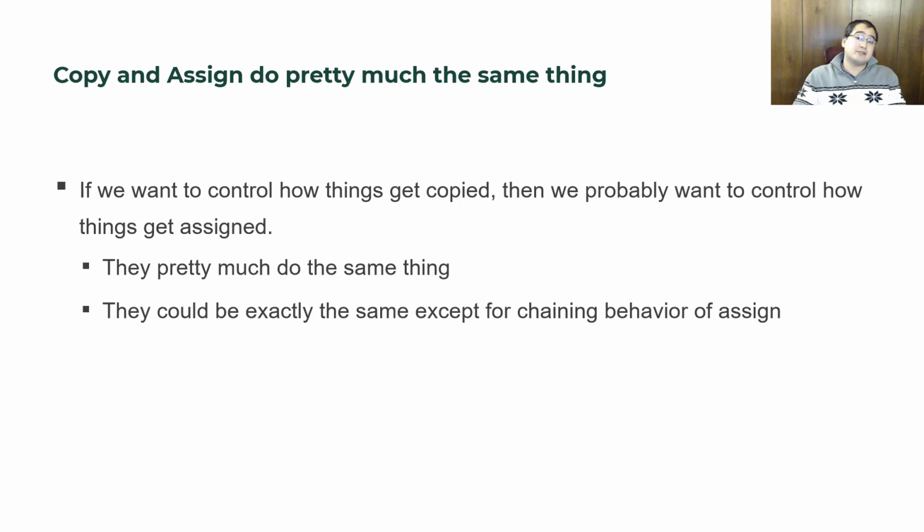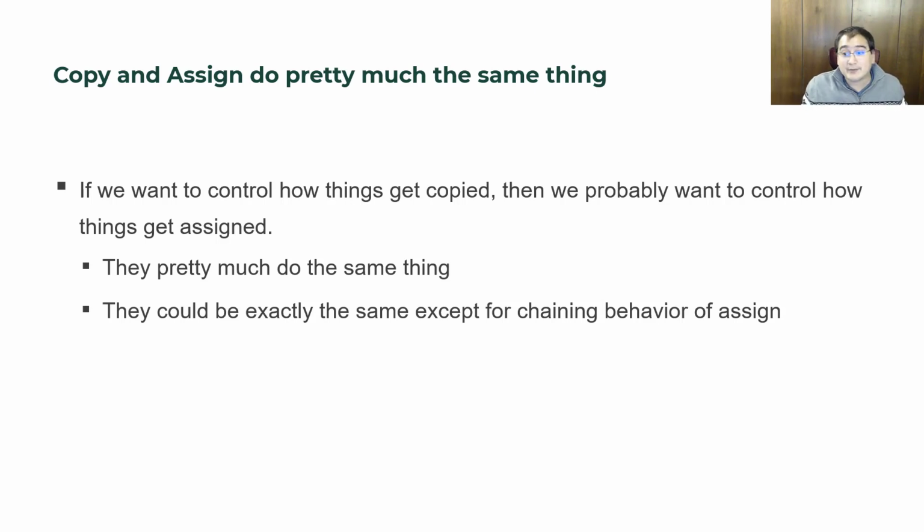The other thing to mention is assignment. Now, when you're copying something, that's almost the exact same thing you want to do when you do assignment. They're pretty much the same thing. And the default assignment is to copy each of the elements from one thing and make the thing that's being assigned, the thing that's being changed by the assignment, member for member the same as the thing that it's being assigned from.